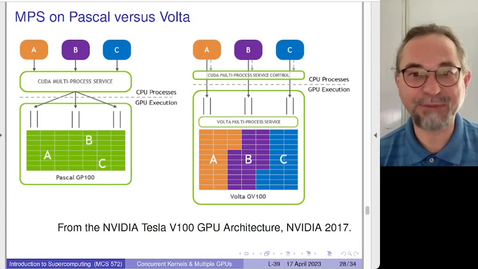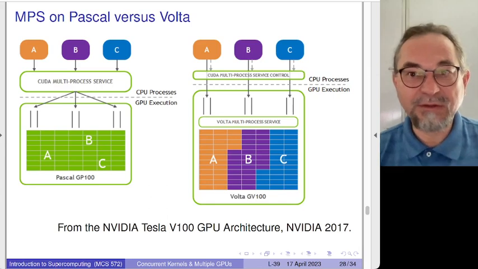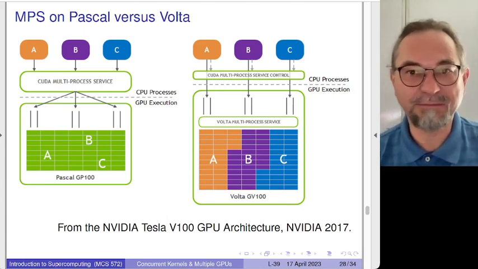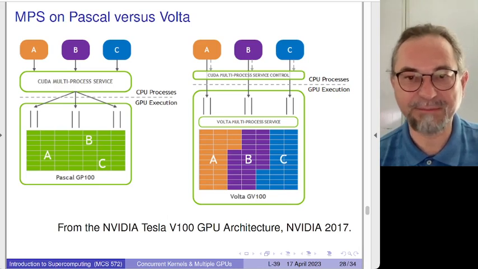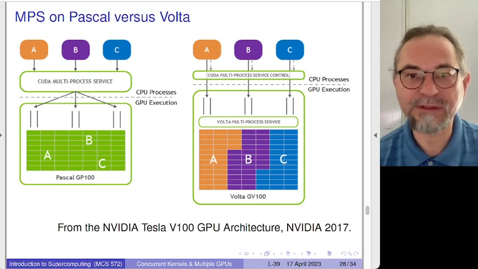All right, so here is a picture that I stole from the Volta architecture. It was already available on Pascal, but with Volta it has better time sharing and also better quality of service.